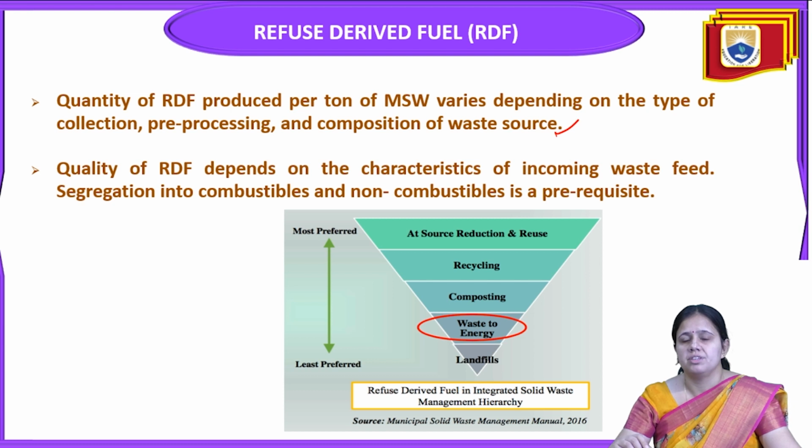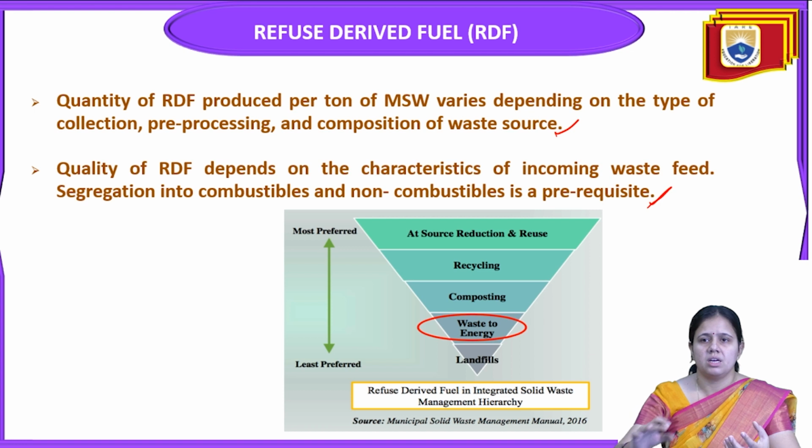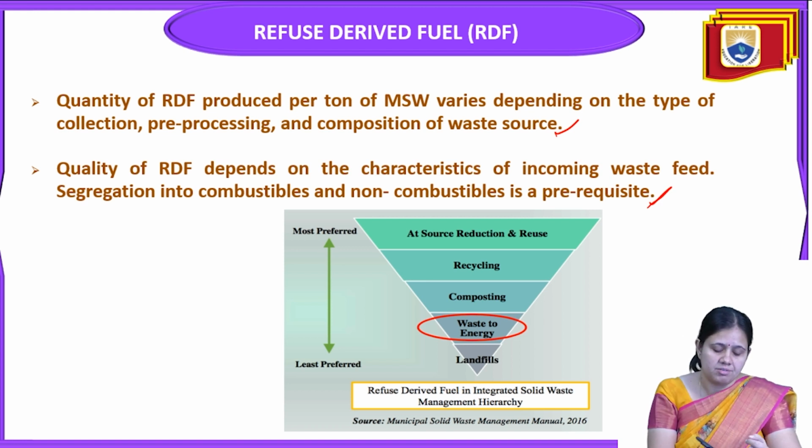Quality of RDF depends on the characteristics of incoming waste feed, and segregation into combustible and non-combustible. So the quality of RDF will mainly depend on the characteristics of the incoming waste feed. It means whether the RDF burns well or is not much preferred, what characteristics this RDF will have, will totally depend upon the waste feed.